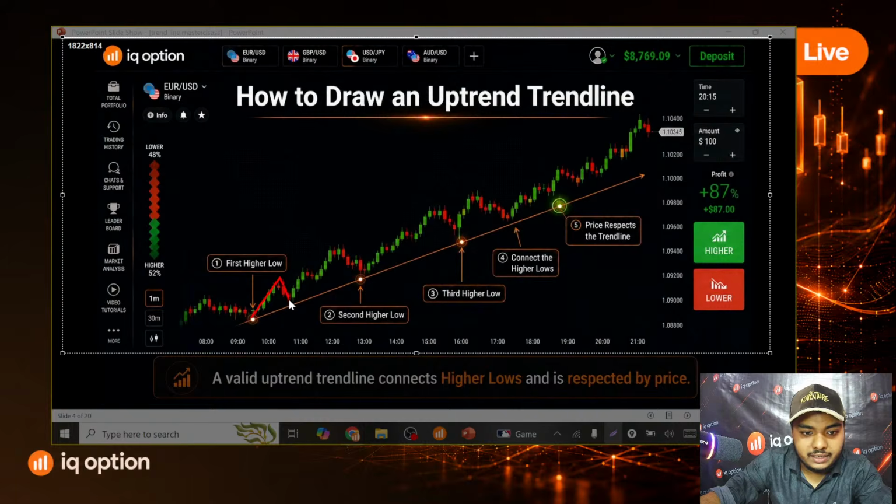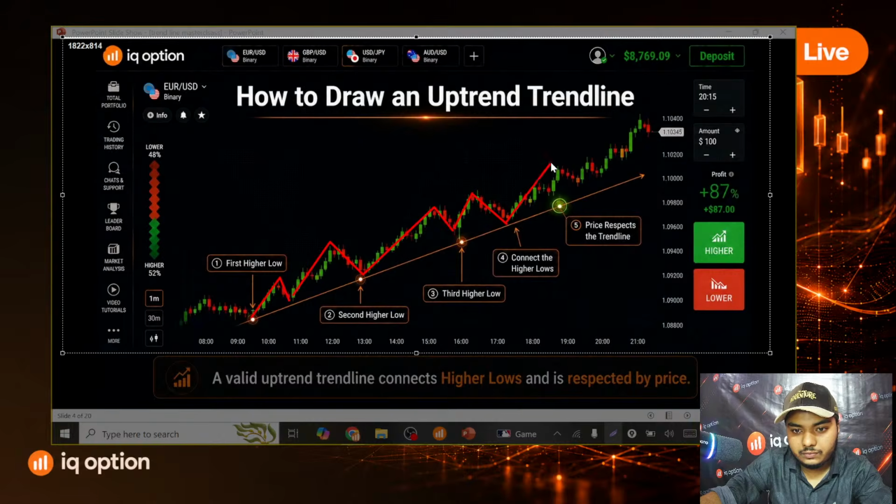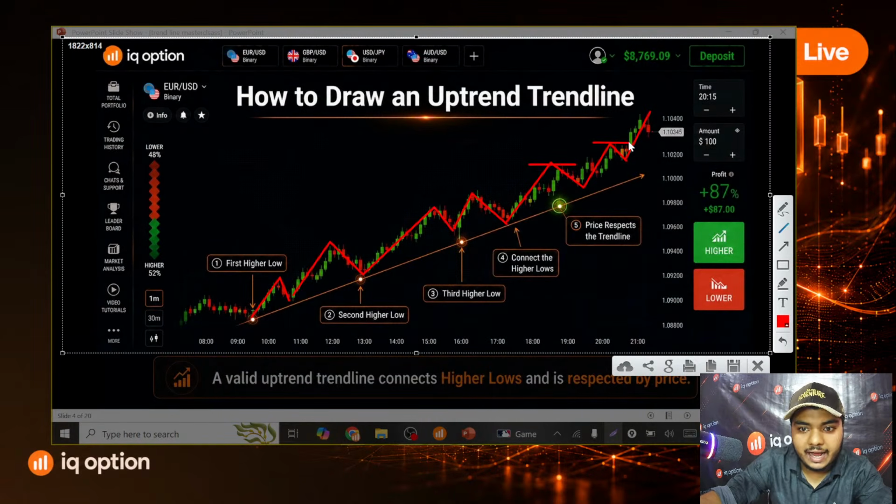The market is making higher highs and higher lows. That's how the market moves in the upward direction, breaking the highs and making new highs, which are our higher highs, breaking previous highs. That's how an uptrend works. We talked about in our previous webinar how the market structure actually works.